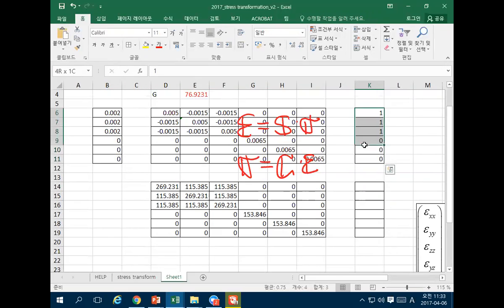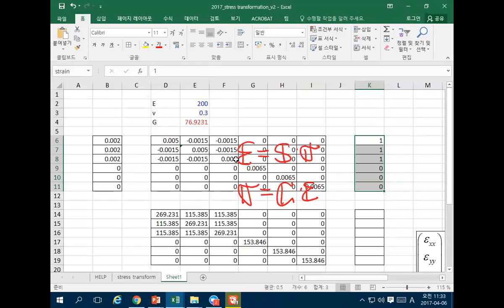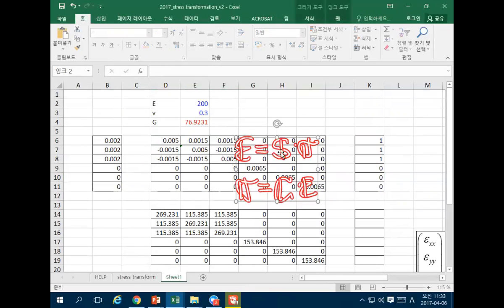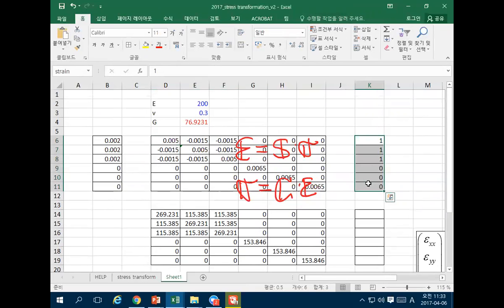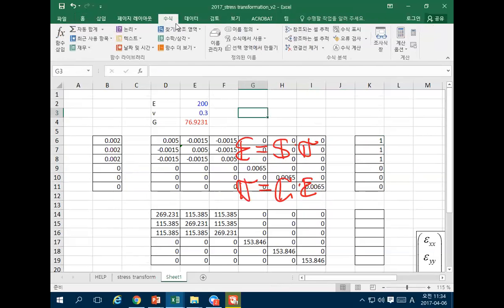This should be strain, right? 내가 이름을 잘못 넣었죠? 맞아요? 이게 첫 번째 거잖아요. 네? 이게 뭐예요? S 매트릭스죠? I'm sorry, I made a mistake. 네임을 잘못했죠. 이게 뭐가 돼야 돼요? 네, 스트레스.